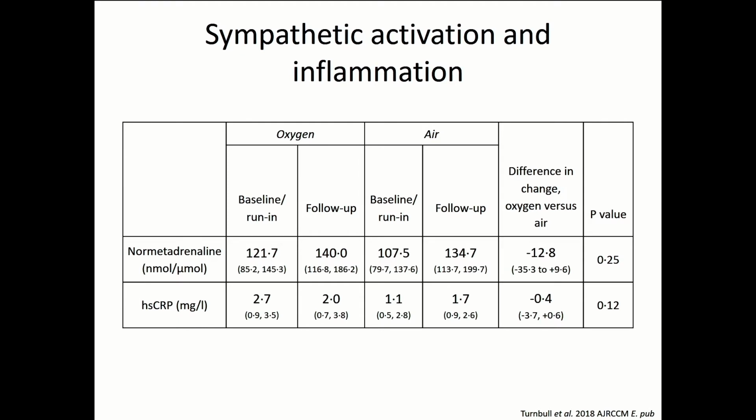Whilst there was a reduction in the increase in normetadrenaline with supplemental oxygen, this was not significant between the two groups. We looked at high-sensitivity CRP as a marker of systemic inflammation, as this has been shown to be elevated in cohort studies of OSA patients, but found no between-groups difference here either.